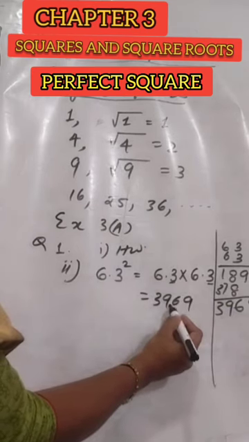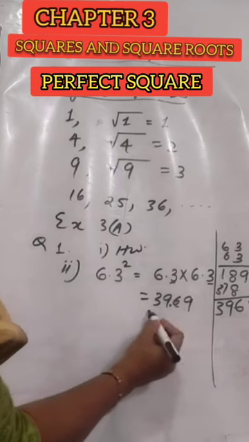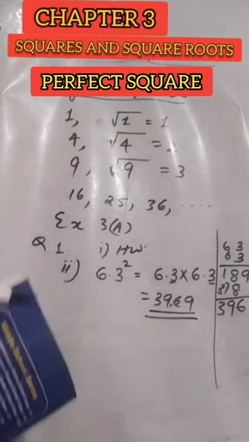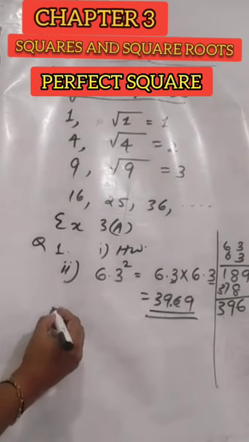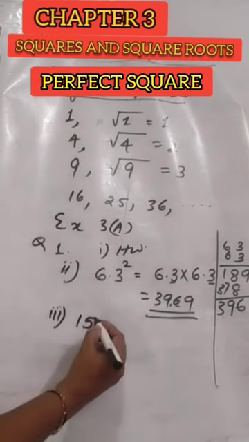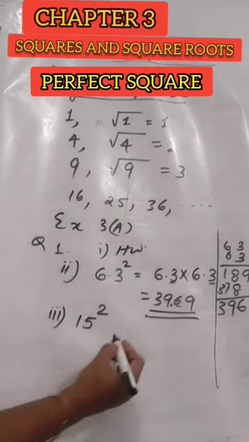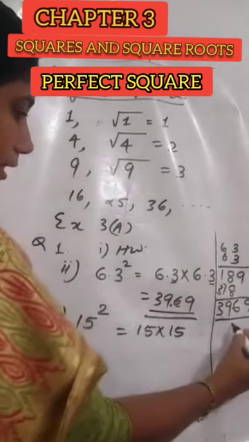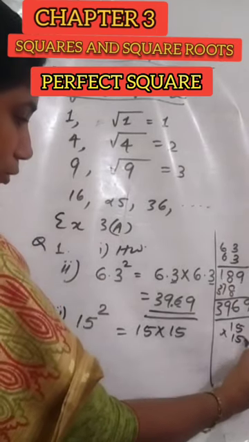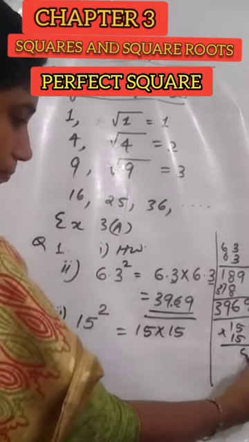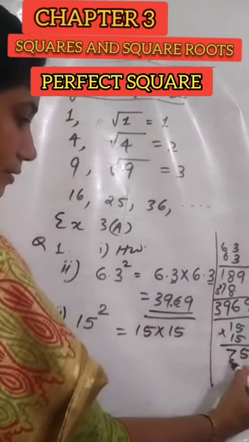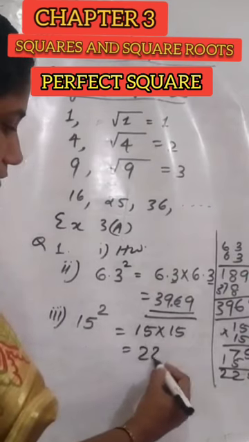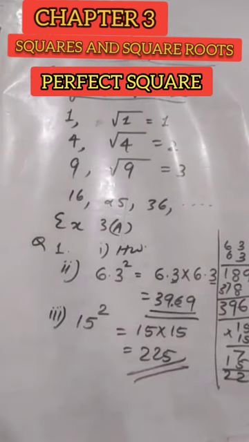So here we have 2 decimal places. 39.69 is the solution. And the third one, find the square of 15. That is 15 square, equal to 15 into 15. Multiply that. You may know the answer. It's 225. Okay. This is the solution.